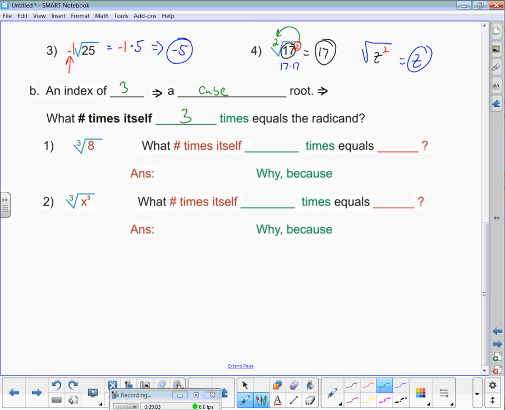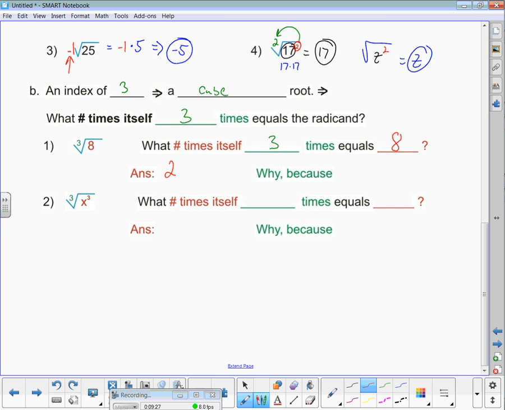All right, so if we look at the first example here, we've got the cube root of 8, right here, cube root of 8. So what's the question? What number times itself 3 times equals that radicand of 8, right? And most people know that the cube root of 8 is 2. Why is the cube root of 8 2?